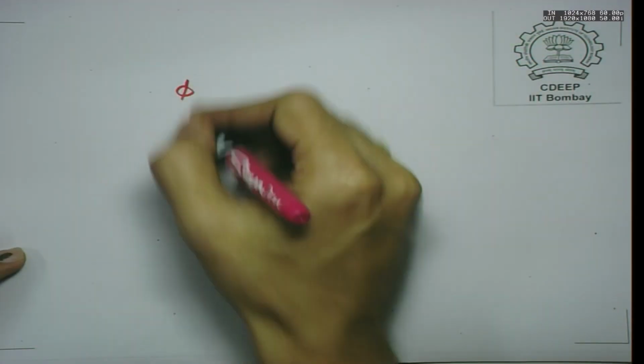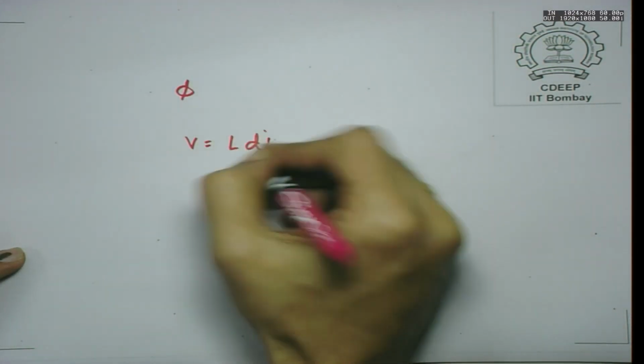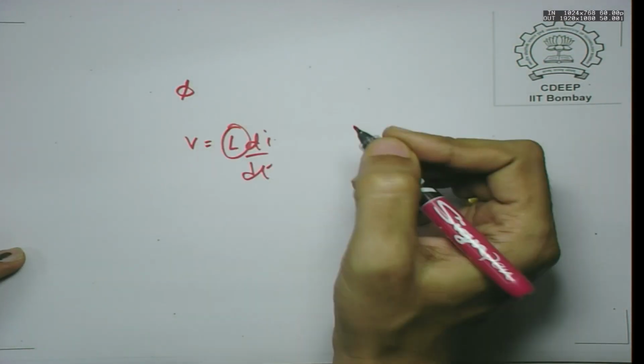Now, what is the problem in having a high flux level? In free space it does not matter, but in a ferromagnetic material, if your flux level is higher, the flux and current relationship is no longer linear. Now, if you recall, V is equal to L di by dt, where I said this L is a positive constant.